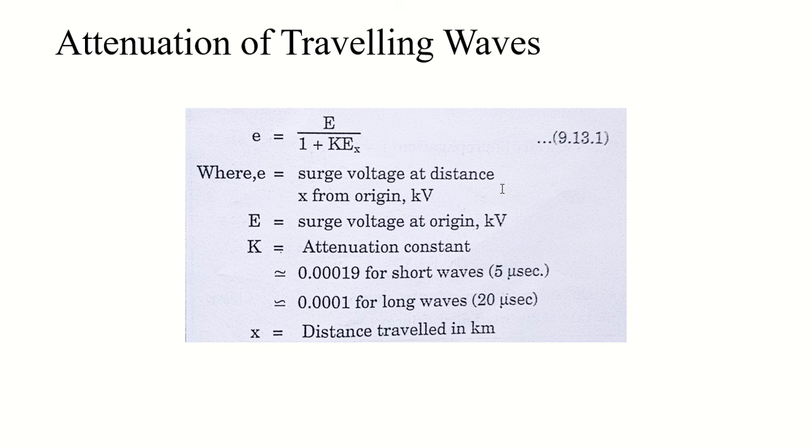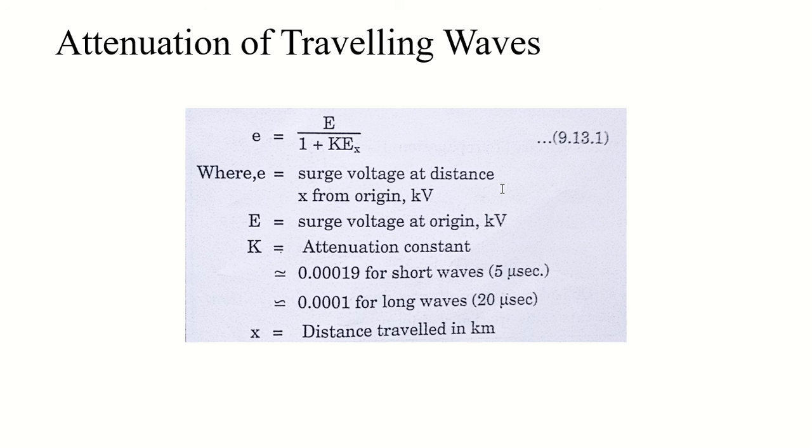Now if you want to calculate the value of attenuation, how do you calculate it? You calculate using Foust and Menger empirical formulas. And what is this empirical formula? The formula is e equals E divided by 1 plus K into E x. Small e is the surge voltage at distance x from the origin, and the unit is kV. Capital E is the surge voltage at the origin, and the unit is kilovolt again.